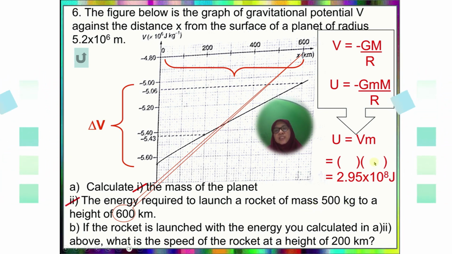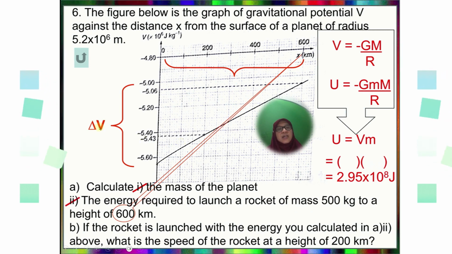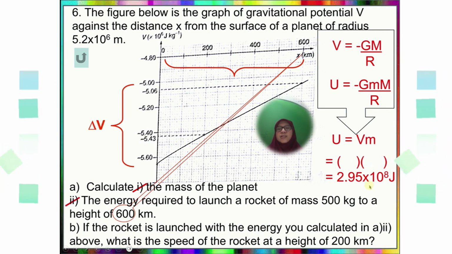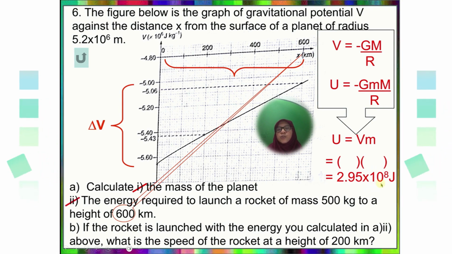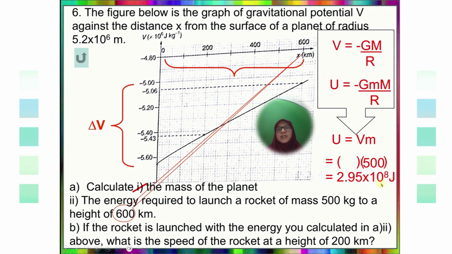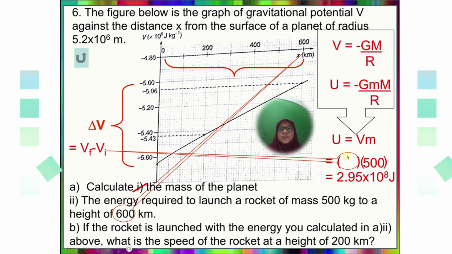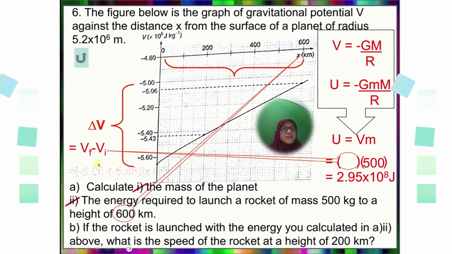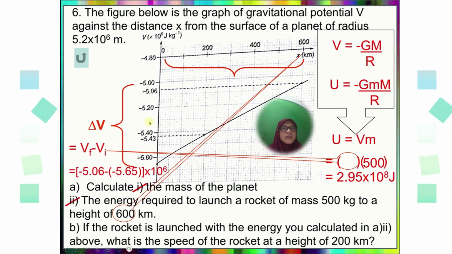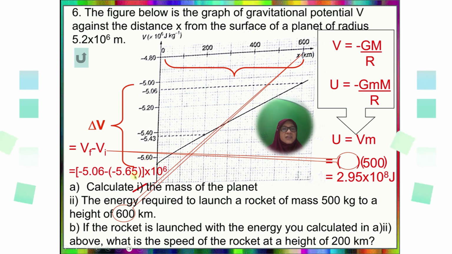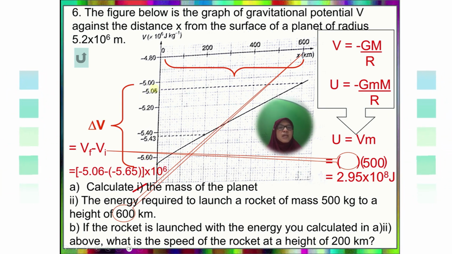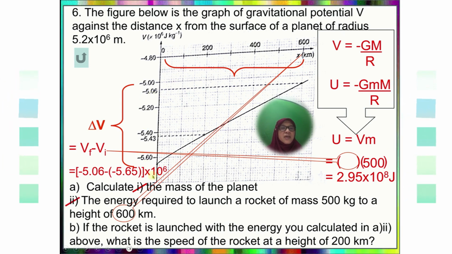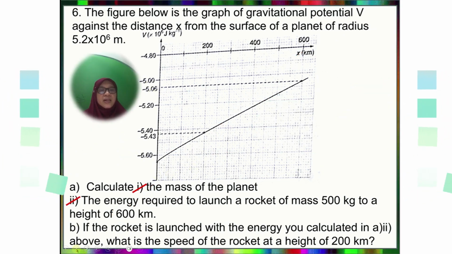So you substitute 500 kg and this delta V, and you get the answer. The answer is 2.95 times 10 to the power of 8. This delta V, if we calculate, is 5.65 minus 5.06, so you get the answer.